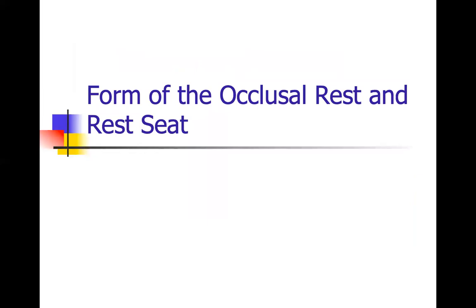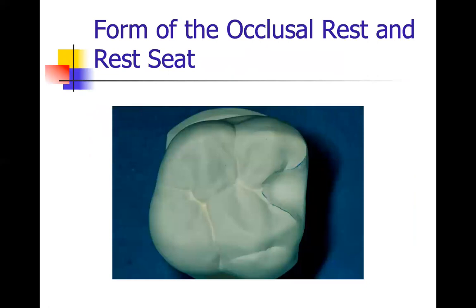Now, what should be the form of the occlusal rest and rest seat? The outline form of an occlusal rest should be a rounded triangular shape with the apex towards the center of the occlusal surface.